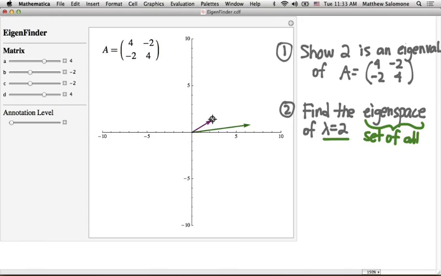So it's the set of all eigenvectors for our particular eigenvalue, lambda equals 2. So in other words, it's the set of all vectors x such that A times x is equal to what?